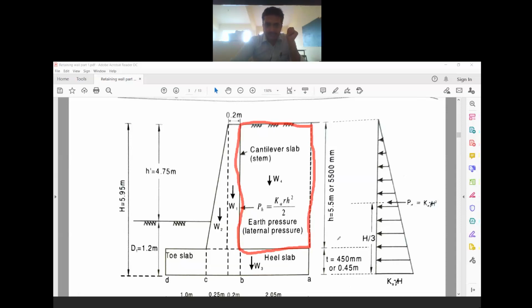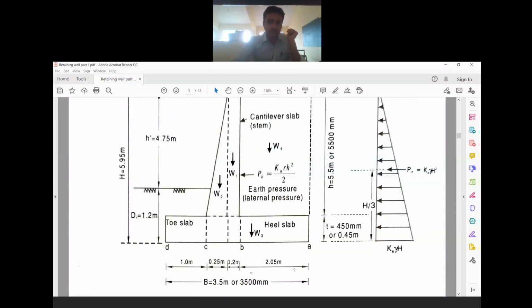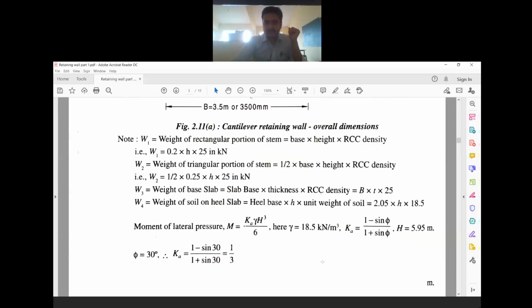Overall height minus thickness, that means height of stem, multiplied by width of heel slab. 5.5 into 2.05 is the area of the soil which is acting on the heel slab.